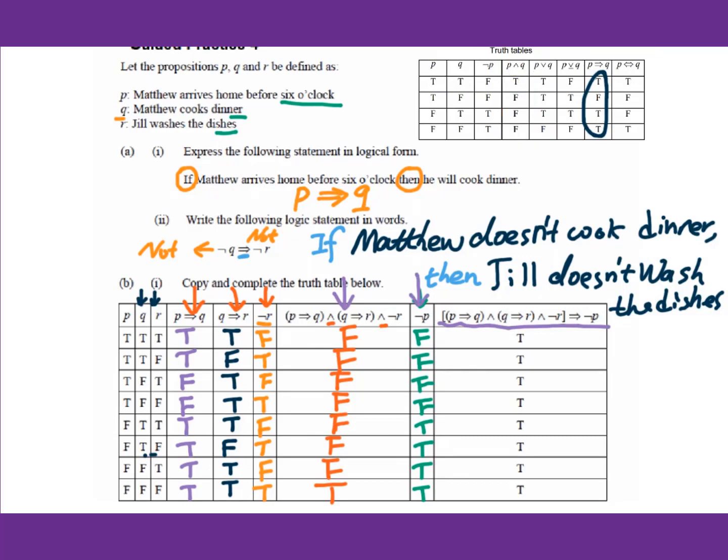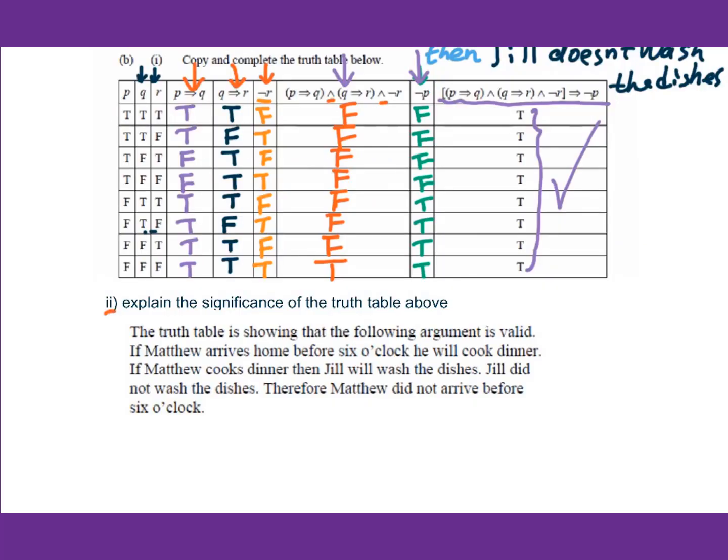This is an implication. All true except true, false. So just check true, false. No, we don't have true, false. So this is right.